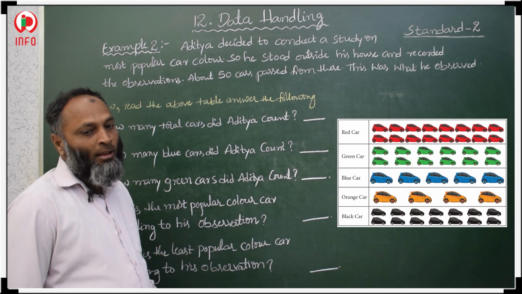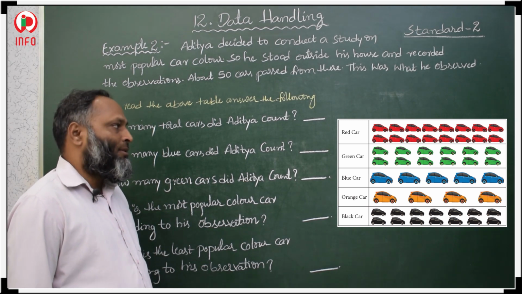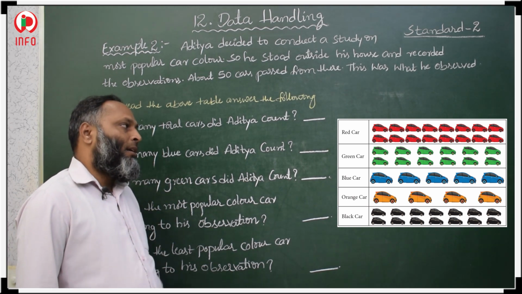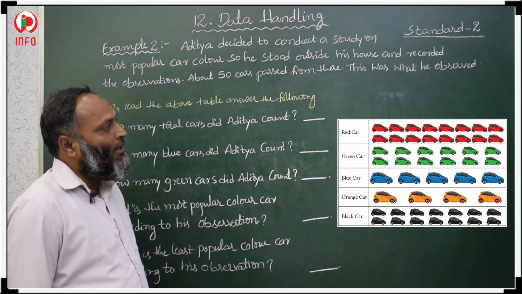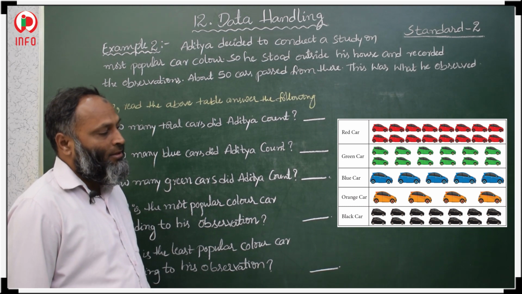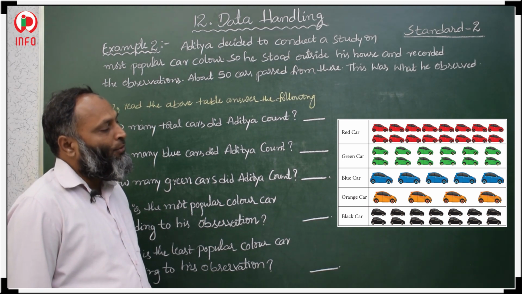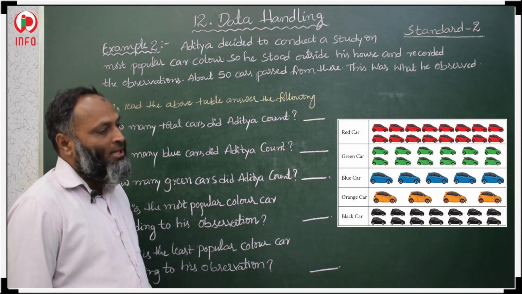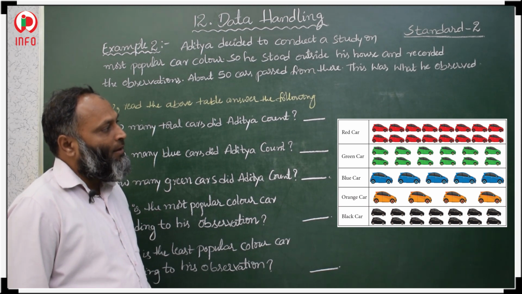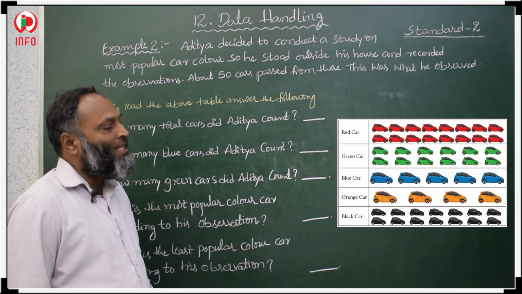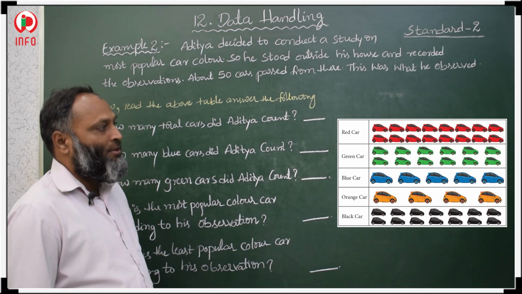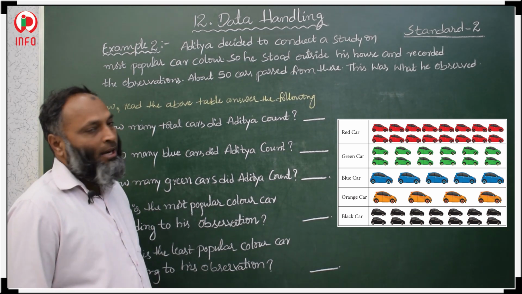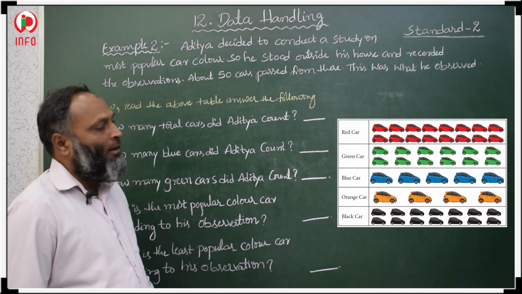Once you count how many red color cars he observed: 1, 2, 3, 4, 5, 6, 7, 8, 9, 10, 11, 12, 13, 14, 15, 16. 16 red color cars he recorded.